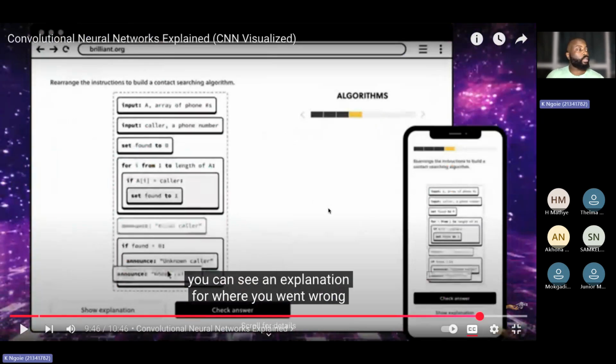Right, guys. So this was an example of how CNN is used.